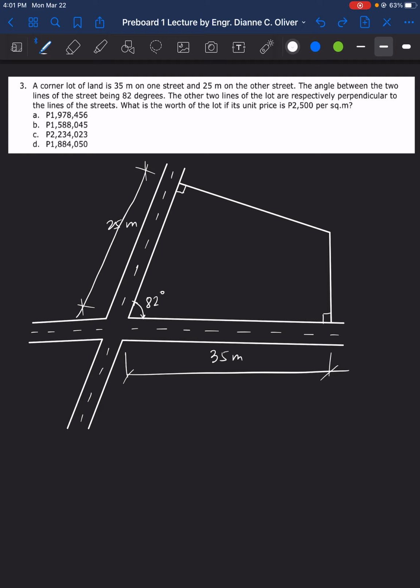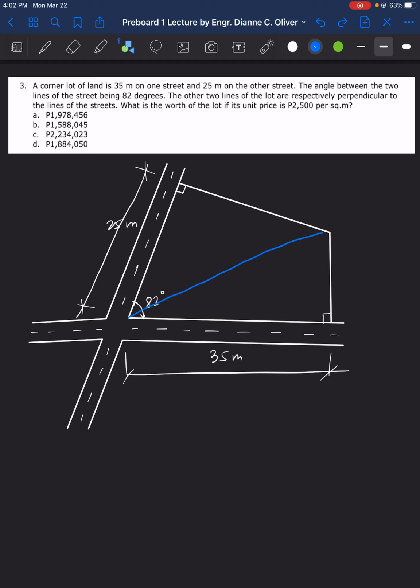Now, this is one tricky problem, I admit. So let's find a way to find the area of this one. Although I already know the answer, what we're looking for is how to solve it.